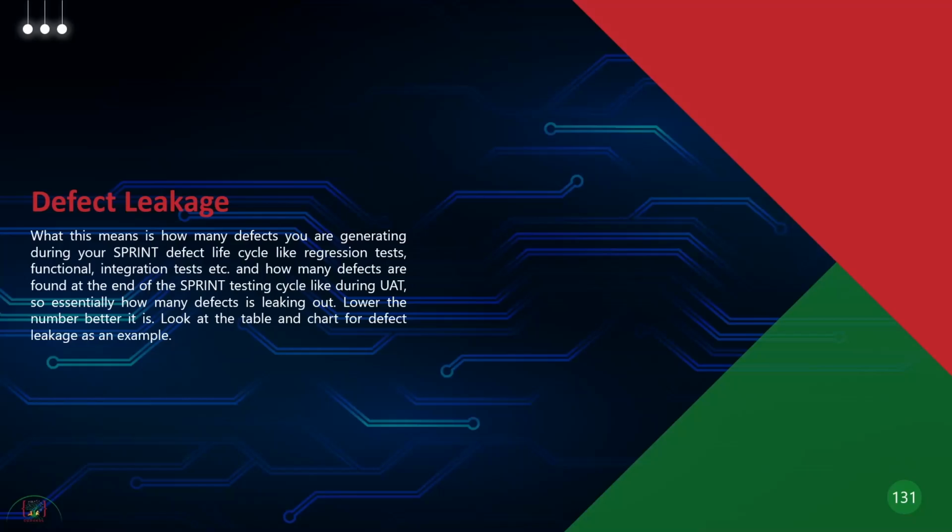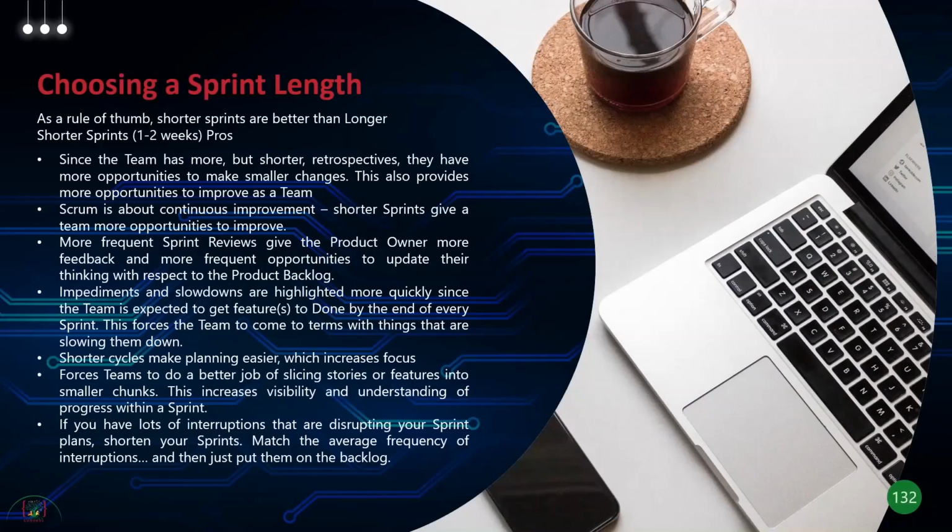You need to see how many defects are found at the end of the sprint lifecycle. Like, you might have UAT, user acceptance test. So you want to see how many defects are leaking out, right? Now, the lower the number of defect leakage, the better it is. And I want to show you a table that will explain the concept better.